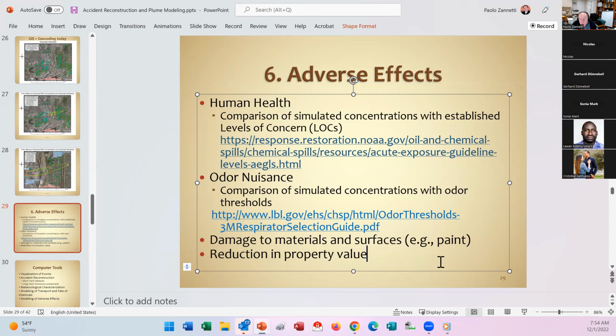So in theory, after an accident, you have a reduction in property value. It is a theoretical reduction, but can be calculated by an expert. And so this is something that maybe the industry will be obliged to pay to settle the case.